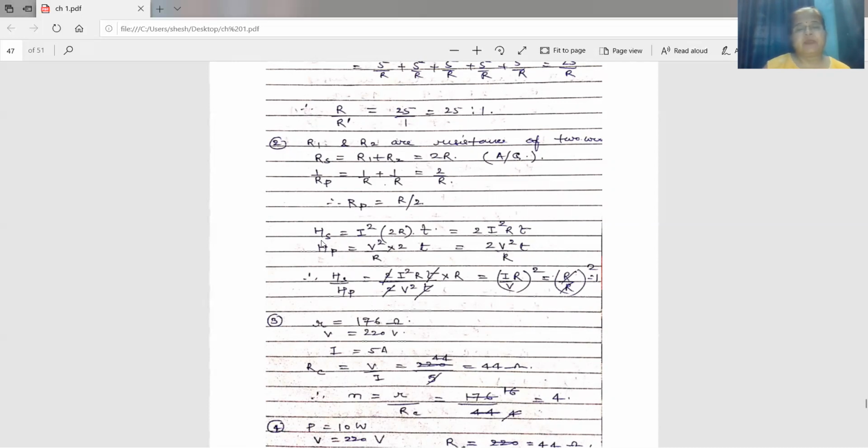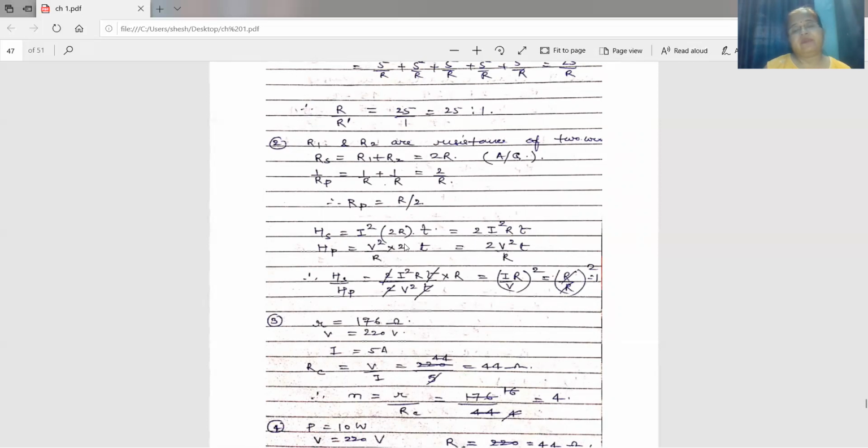So the amount of heat produced when they are connected in series is I square, in place of R you will take 2R, into T. So you are getting 2I square RT. Similarly, heat produced in the parallel combination, you are getting V square by R. In place of R, you have to write R by 2.